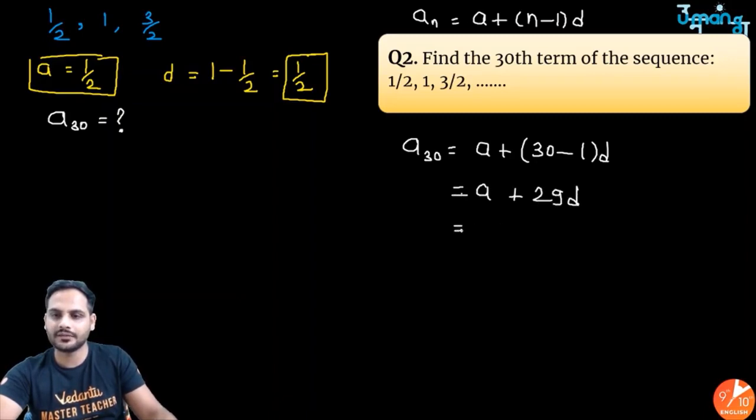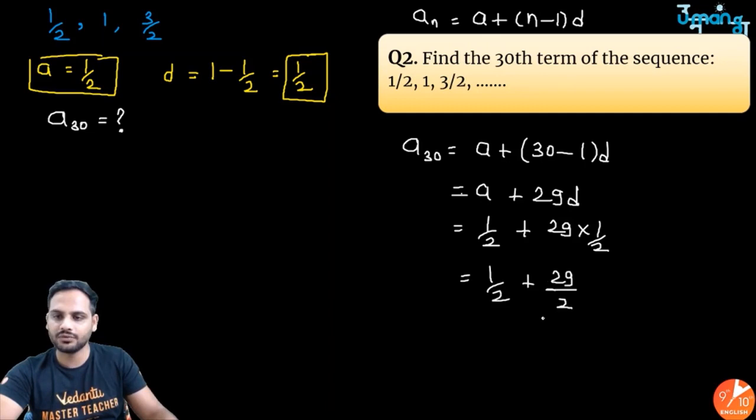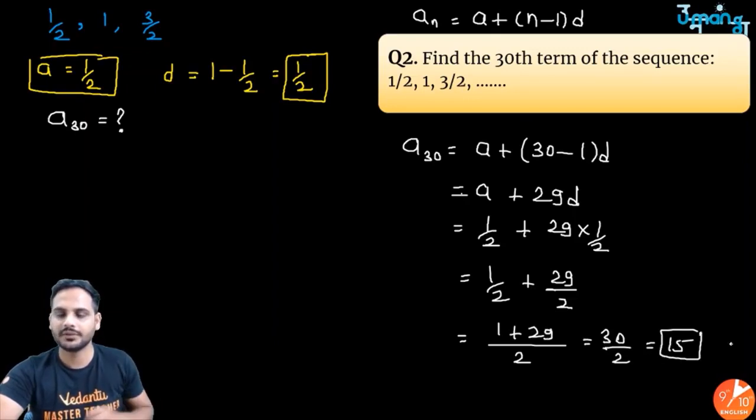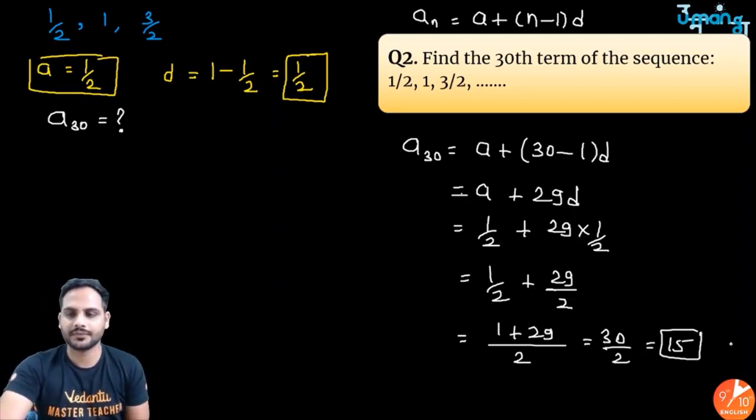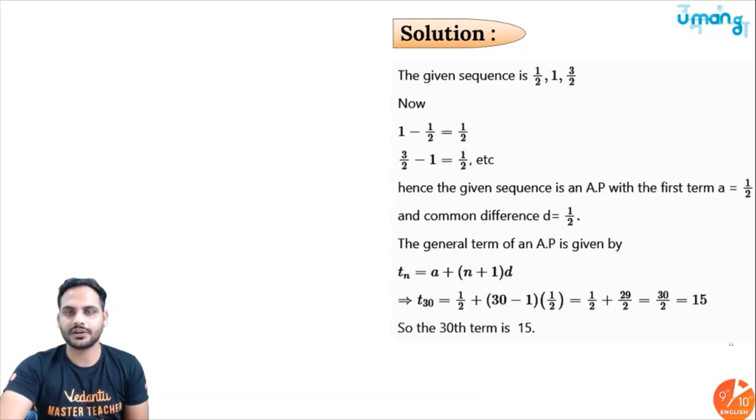Now a is half, plus 29 into half. So it becomes half plus 29 by 2. Taking the common denominator, 1 plus 29 is 30 by 2, which is equal to 15. So the 30th term is 15. Okay, so 15 is your 30th term.